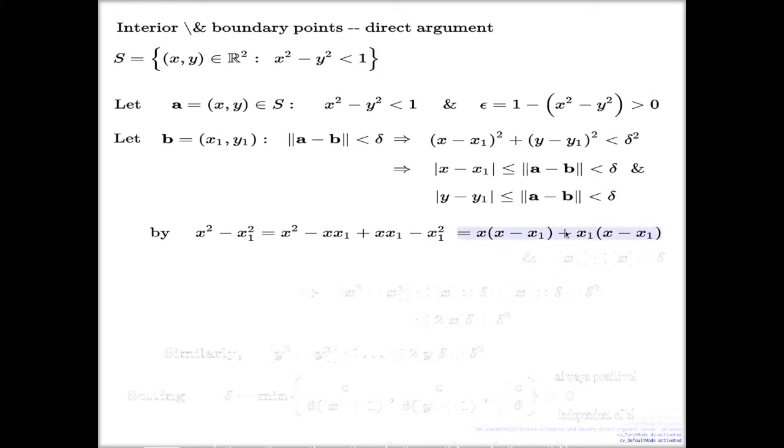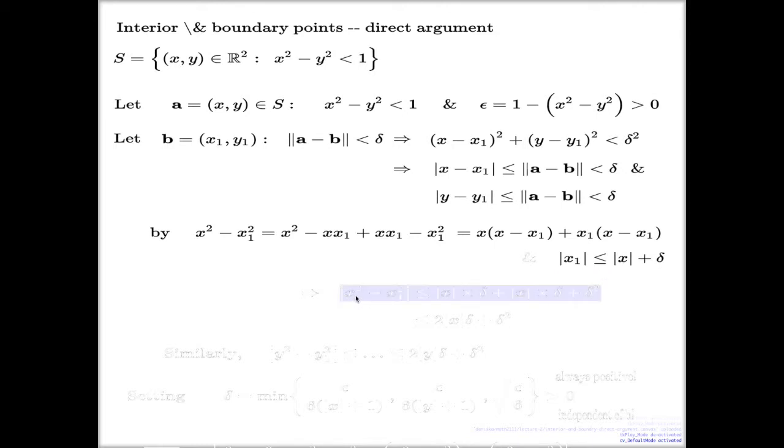Yeah. Now, this inequality, that the difference between x and x1 is less than delta, it tells me that the absolute value of x1 doesn't exceed the absolute value of x plus delta. It's a triangle inequality here.